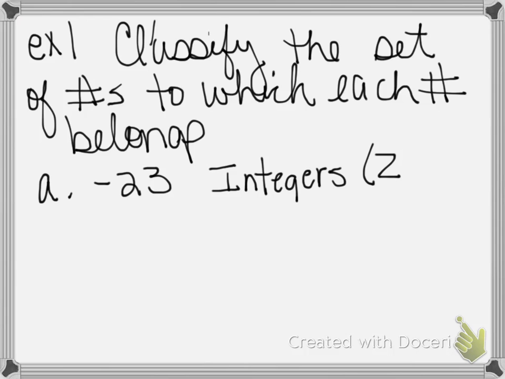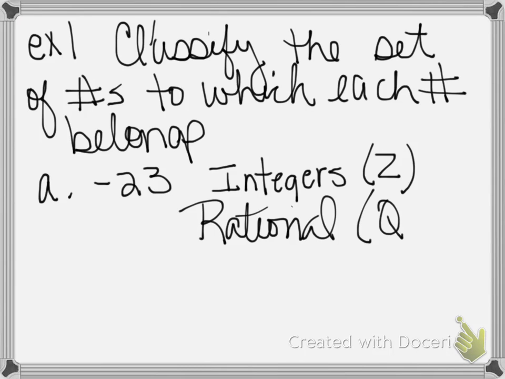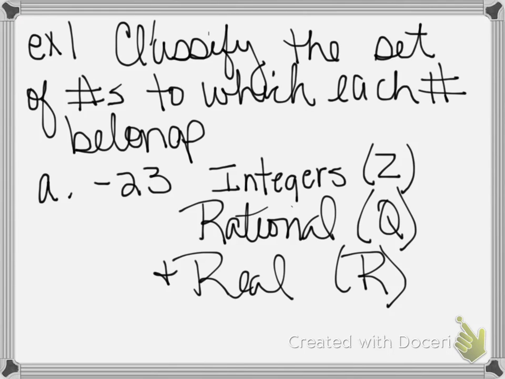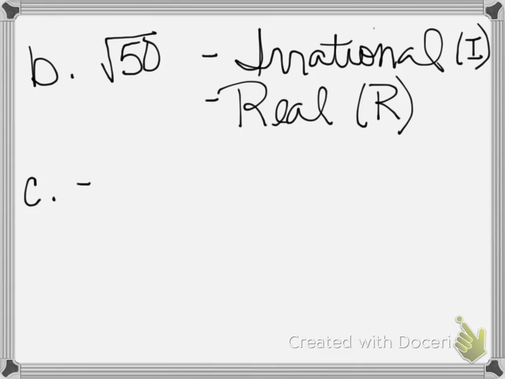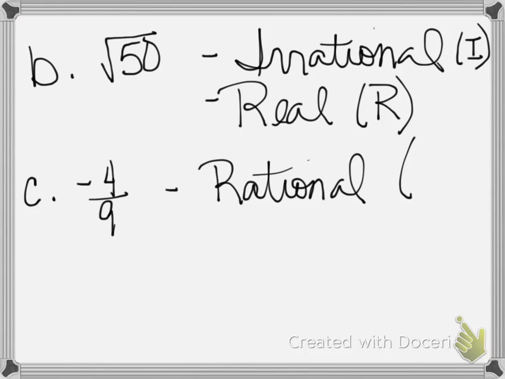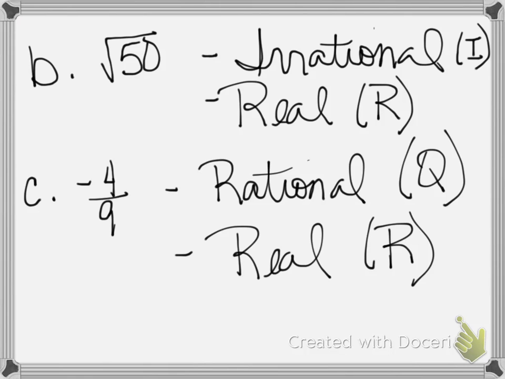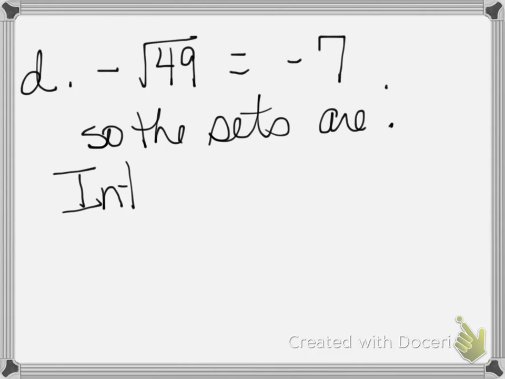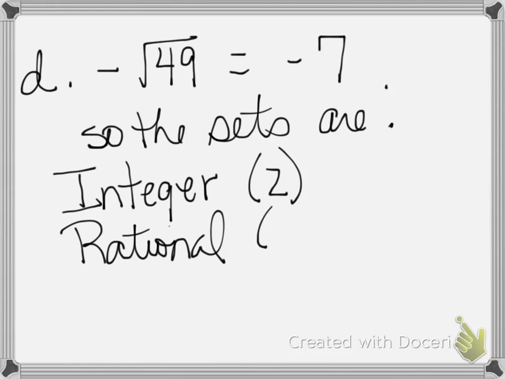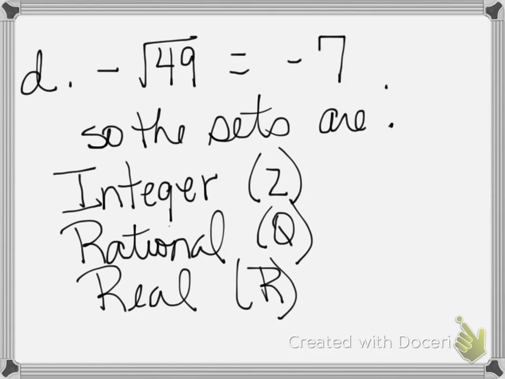Negative 23 is an integer, which is letter Z. It is also a rational number, which is Q, and a real number, R. Square root of 50 is an irrational number, I, and a real number, R. Negative 4/9 is a rational number, Q, and a real number, R. Square root of 49 simplifies down to 7, so negative 7 belongs to the sets of integers, Z, rational numbers, Q, and real numbers, R.